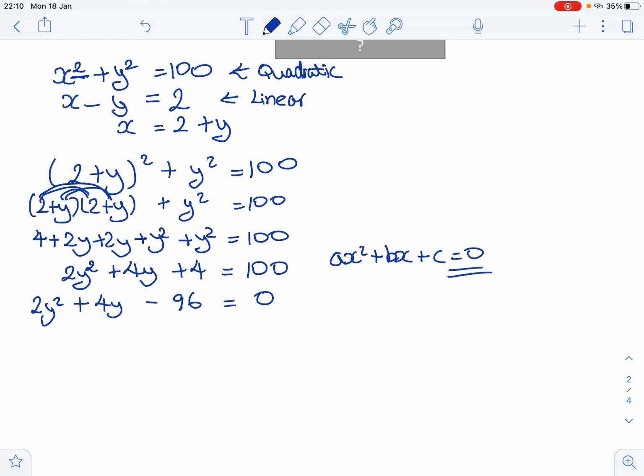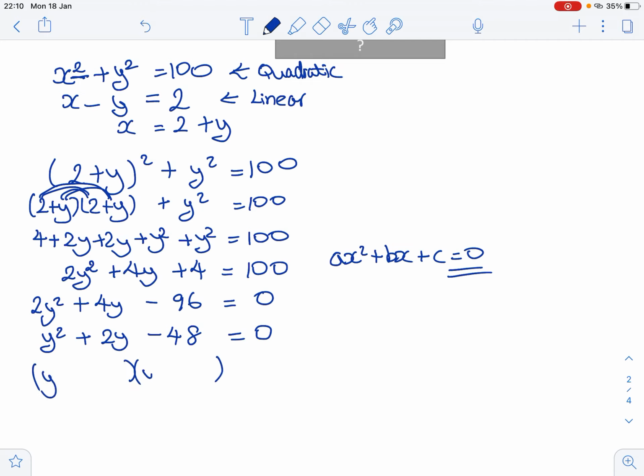I can divide the whole equation by 2. So I have y squared plus 2y minus, half of 96 is 48, equals 0.